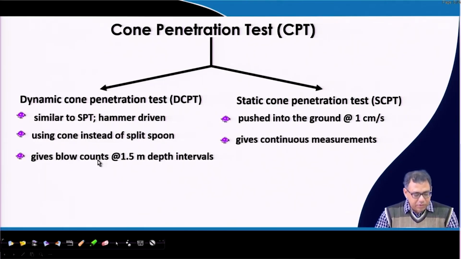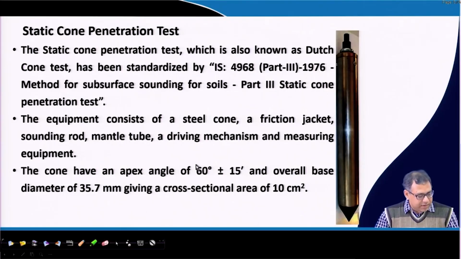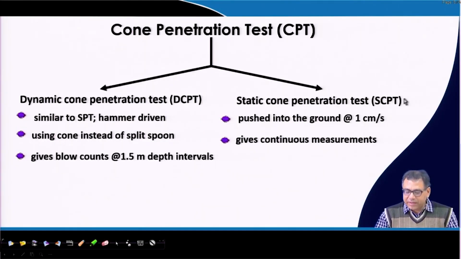Again, the blow counts are given at an interval of 1.5 meters. For the static cone penetration test, it is pushed, not hammer driven like SPT or DCPT. It is pushed into the ground at 1 centimeter per second, and it gives continuous readings. SPT gives readings at certain intervals, 1 meter or 1.5 meters.